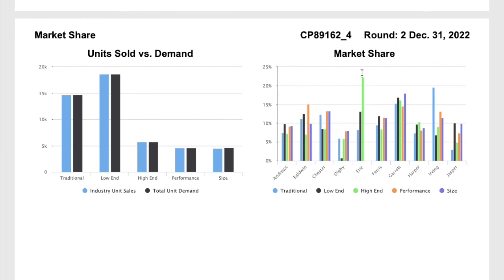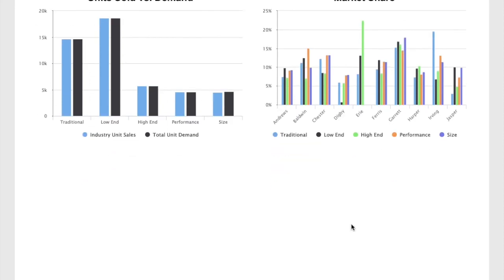So from this market share chart, we can see again Team Airy focusing on the high end. In traditional, Team Airy has some significant amount of sales. So again, your strategy is very important.